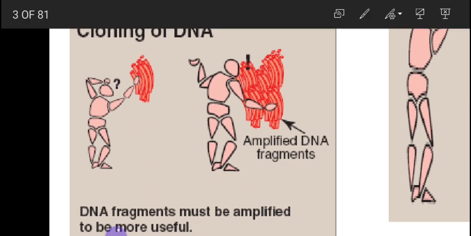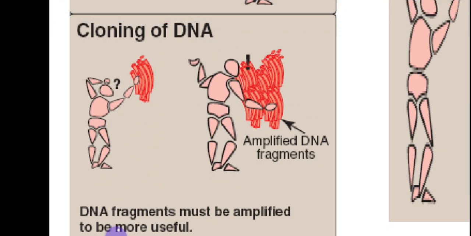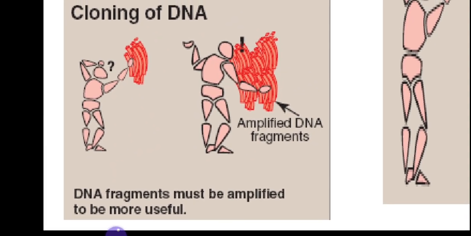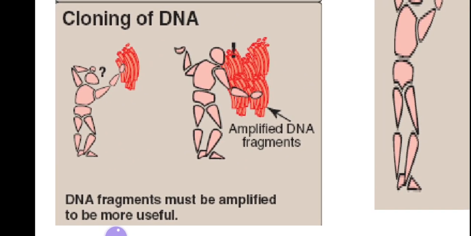This helps the scientist to amplify the DNA fragments, because as we know, the amount of DNA in the cell is very small. If we isolate DNA from only a few cells, the amount is very small, and we cannot manipulate it in the lab.